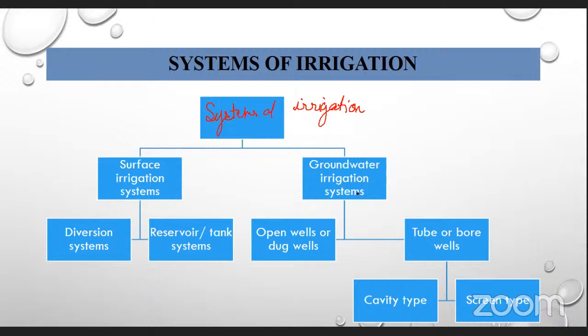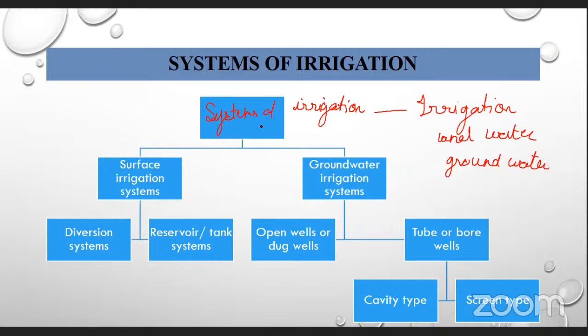The system of irrigation is usually the available water resources for crop production, such as rainfall, canal water or groundwater, meaning everything is included in irrigation. Then this system of irrigation is divided into two types: the surface irrigation system and the groundwater irrigation system.